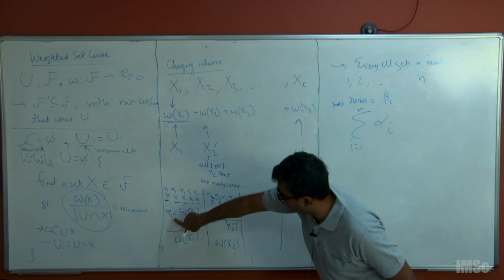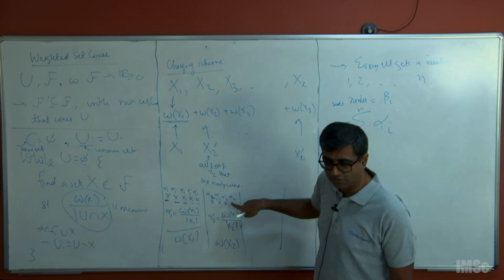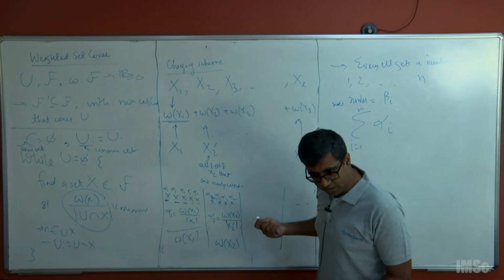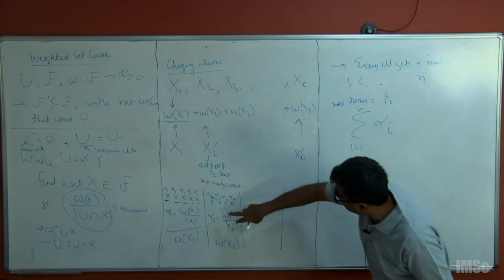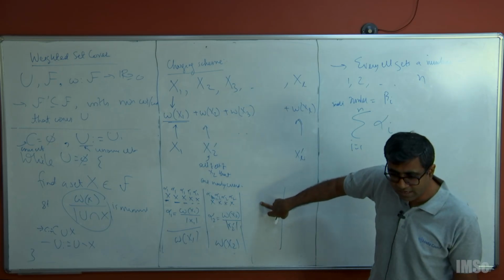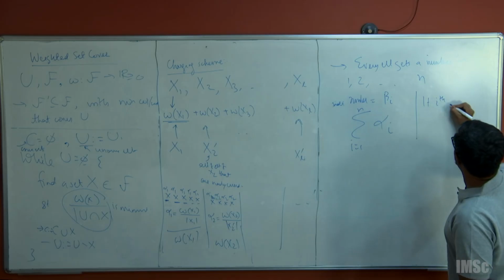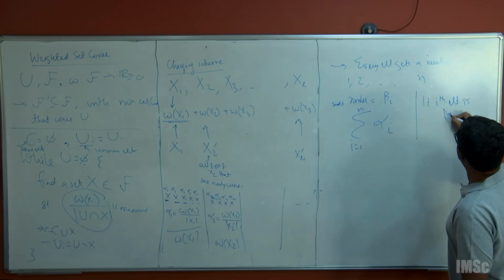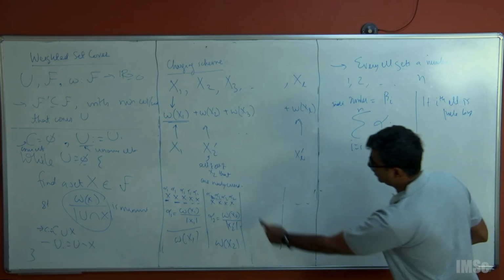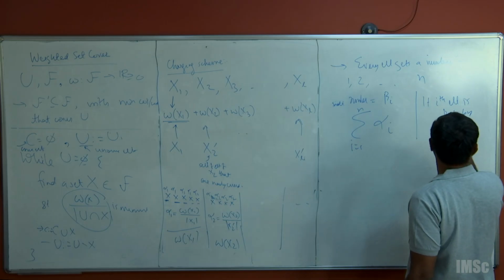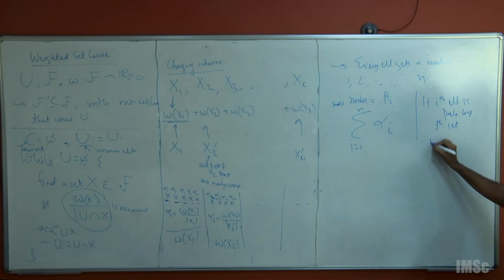What is beta i? If you are here, it is equal to alpha 1. If it is here, it is equal to alpha 2. It depends: if the ith element is picked by some jth set, then beta i is equal to alpha j, right?